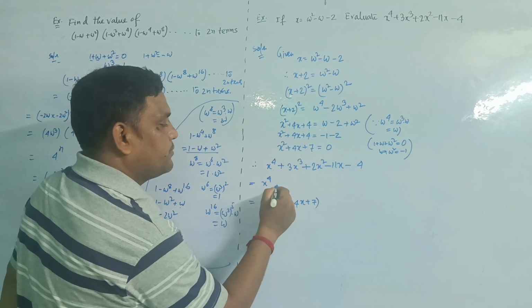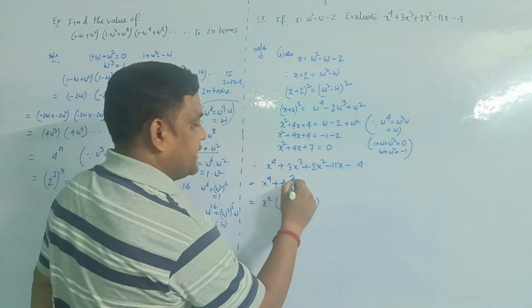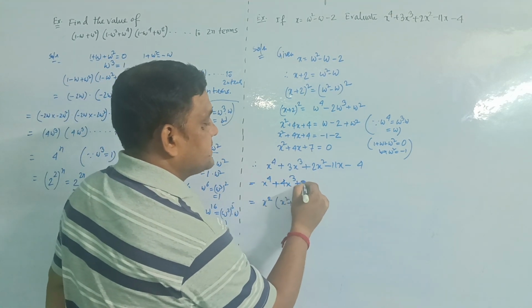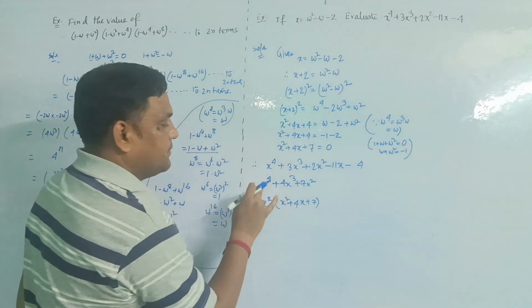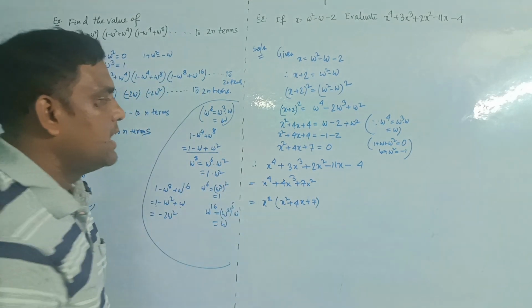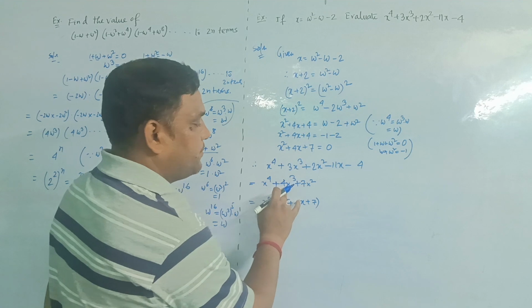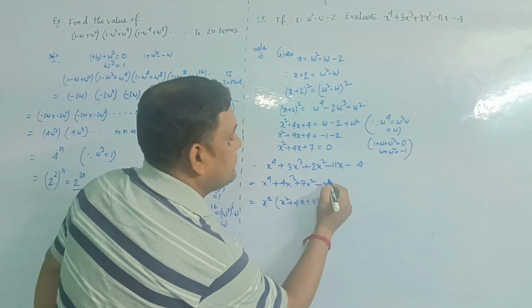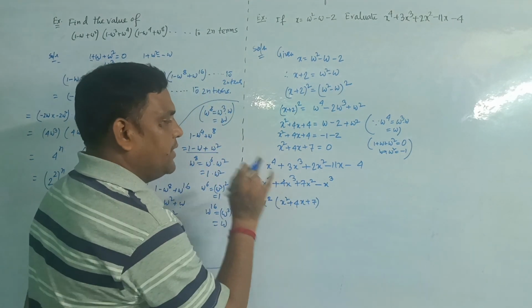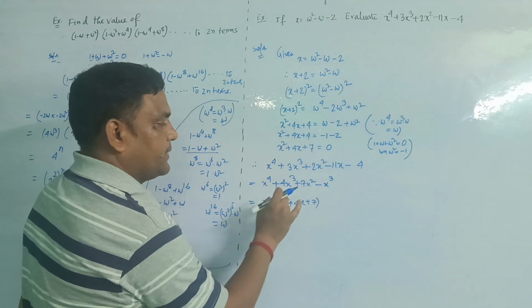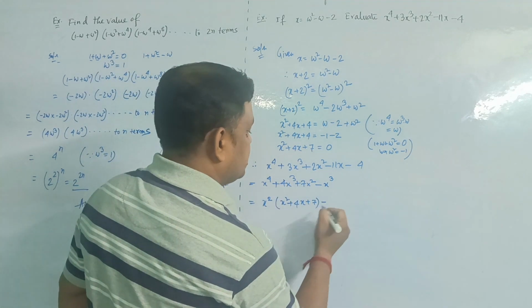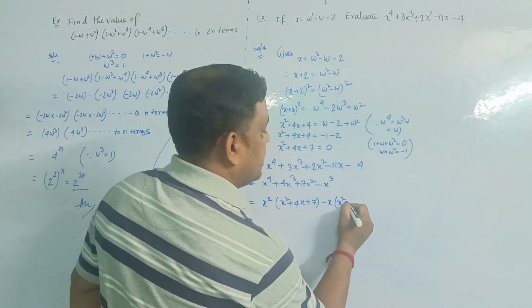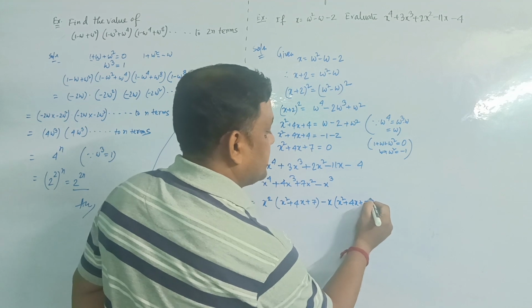So x to the power 4 plus 4x cube plus 7x square. So x to the power 4, x to the power 4 is there. Our next term is 3x cube, but here 4x cube. So we need a term like minus x cube. Only focus on the cube term. So minus x cube, for that I just write minus x into x square plus 4x plus 7.